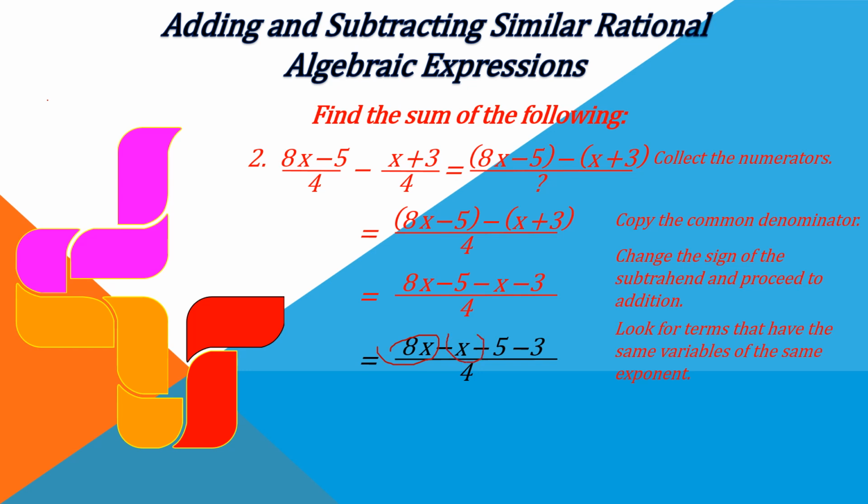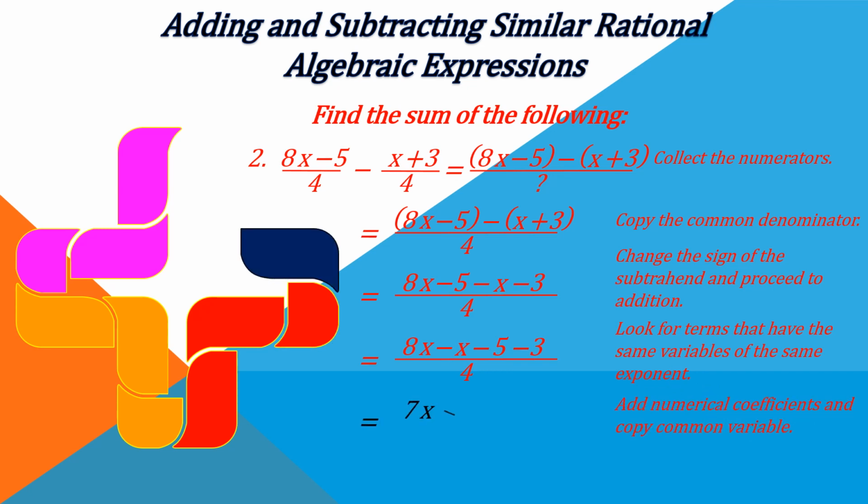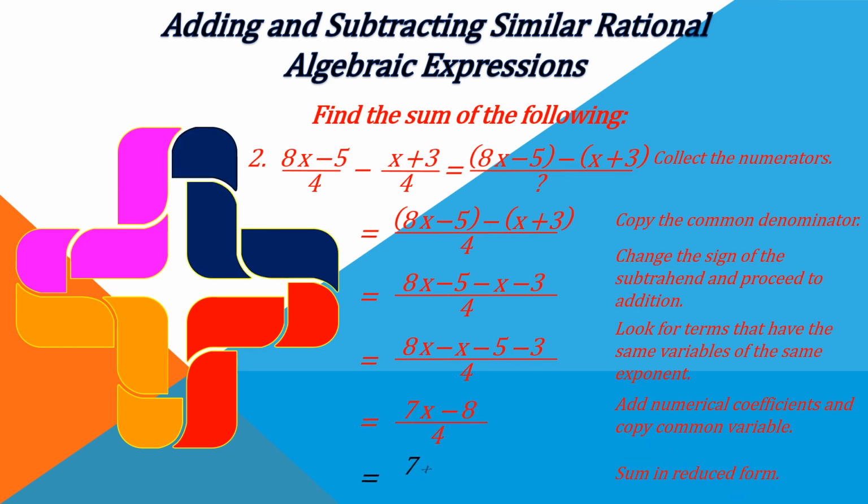So simplifying further, 8x minus x is equal to 7x, and negative 5 minus 3 is equal to negative 8, divided by 4. Simplifying the answer, we have (7x minus 8) over 4, and that is the answer in reduced form.